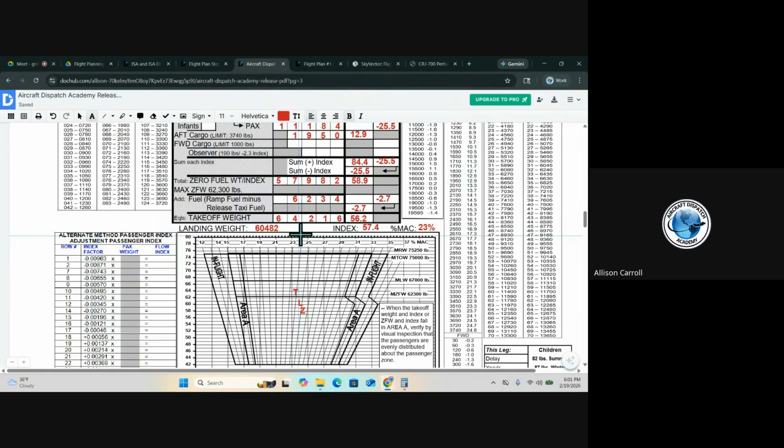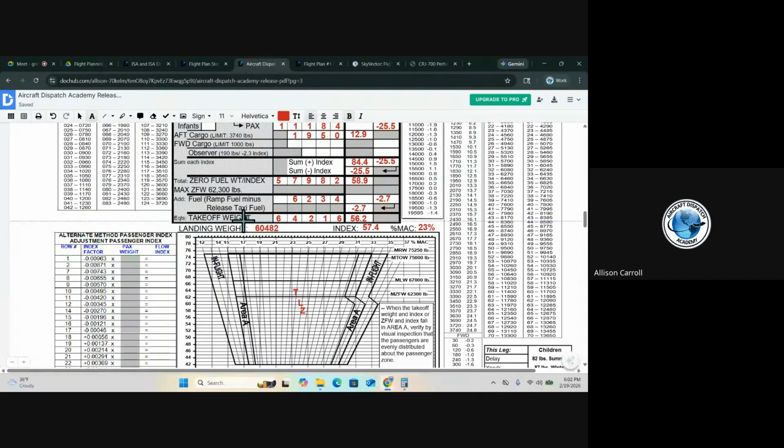We don't want to just pop out cookie cutter dispatchers. We want to teach you the correct way of doing legal to go and finding all of these different things and knowing the process, but we're not going to just pop out robots. You guys are people, you guys are smart, and you guys are learning this process, and you're going to flight plan just a little bit differently.